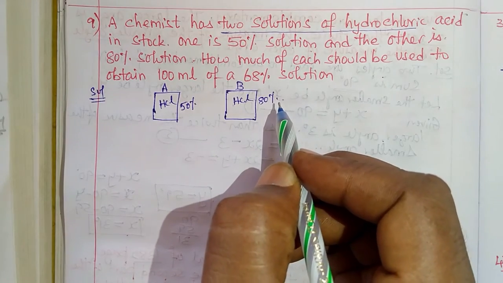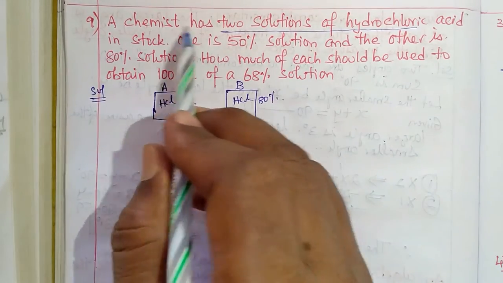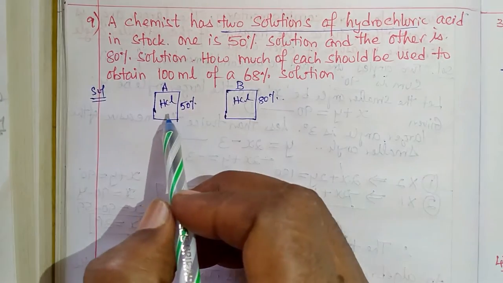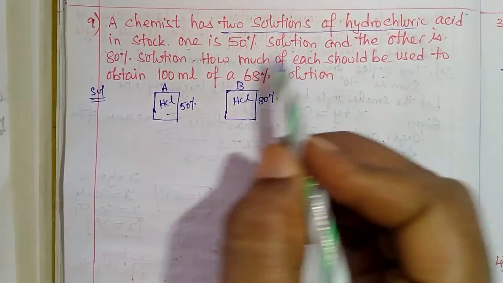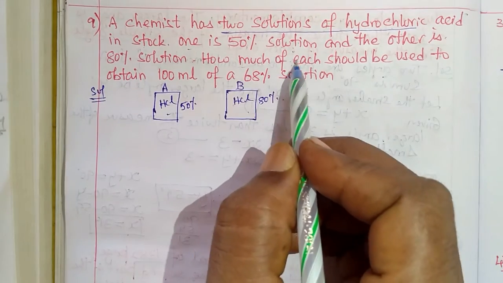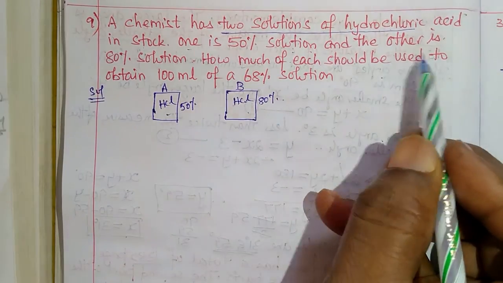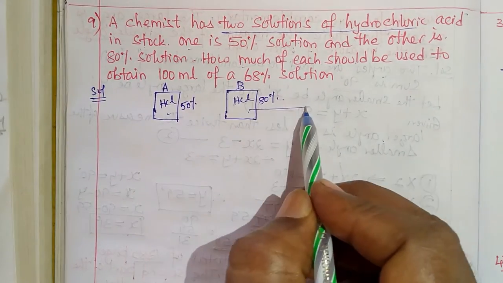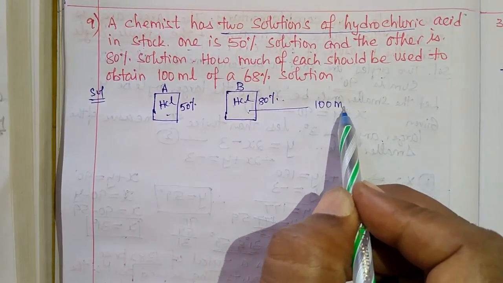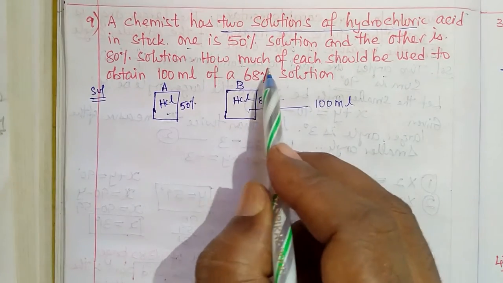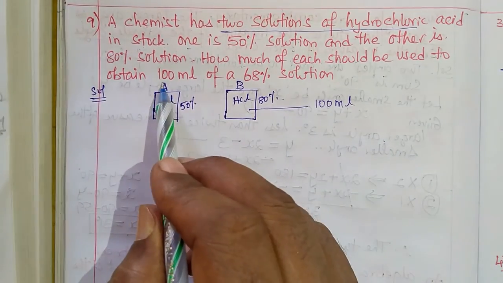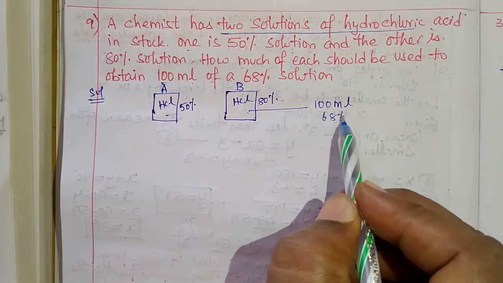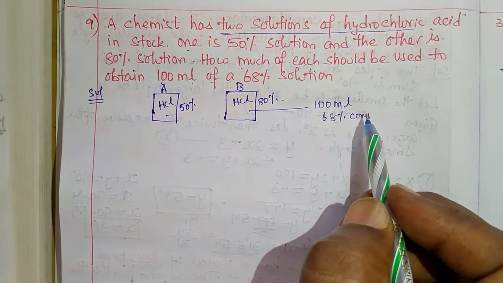Now, a chemist has two solutions of hydrochloric acid in stock. One is 50% solution and the other is 80%. How much of each should be used to obtain 100 ml of 68%? So I must prepare a 100 ml solution, and 68% concentration must be there.